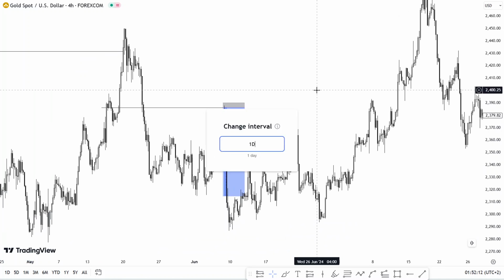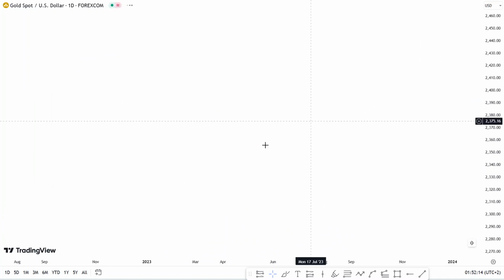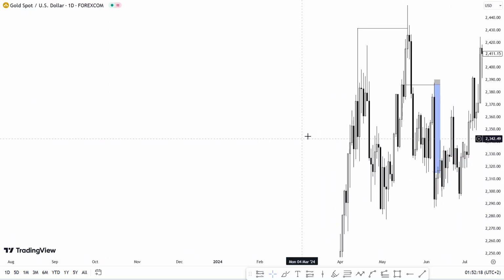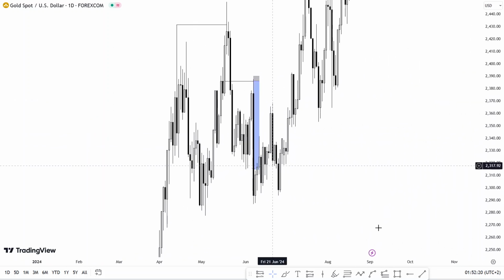So another one which also appeared here, which is still the same scenario on the daily, where we had a buy and then sell right here. Obviously here with the stop loss, you would have been taken out.